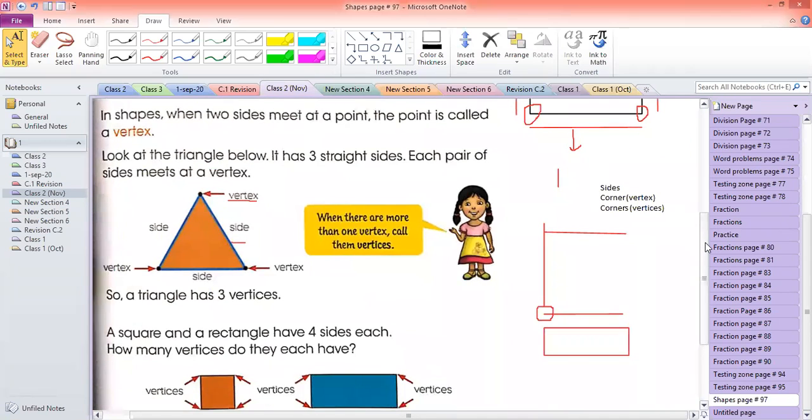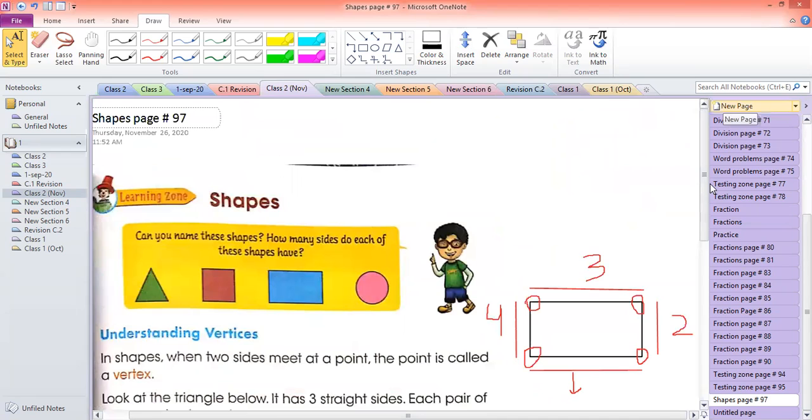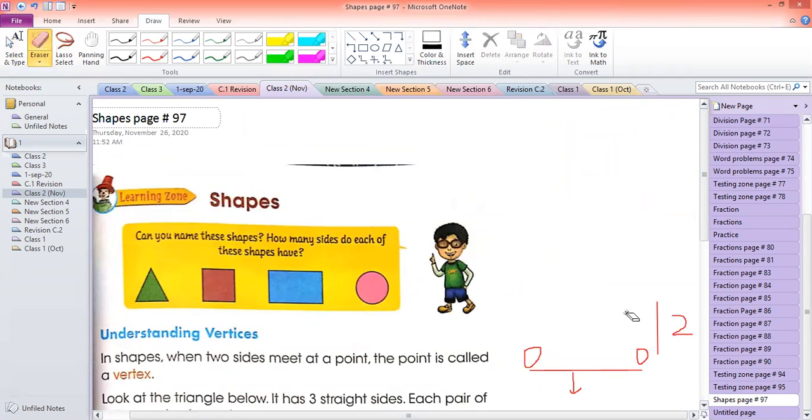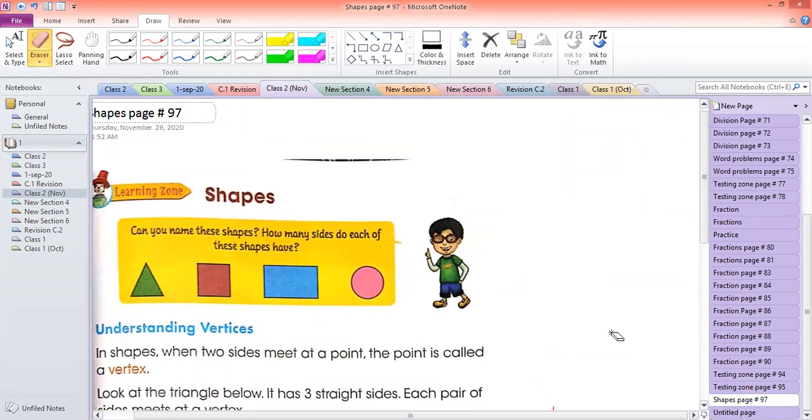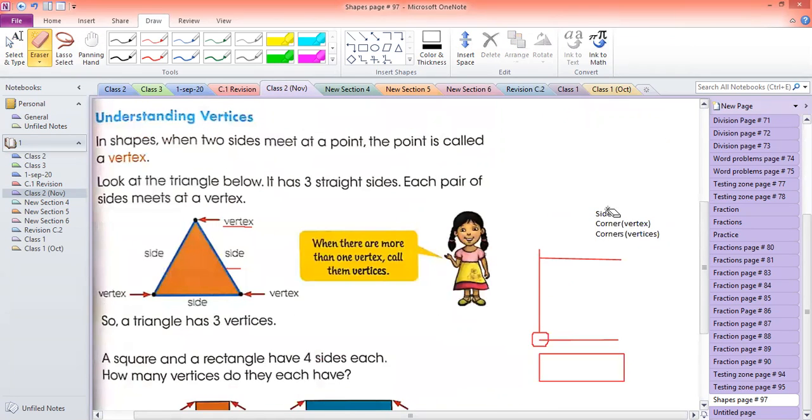Corner is where one side meets another side. So we are going to learn about the 2D shapes today, how many sides they have, how many vertices they are going to have.